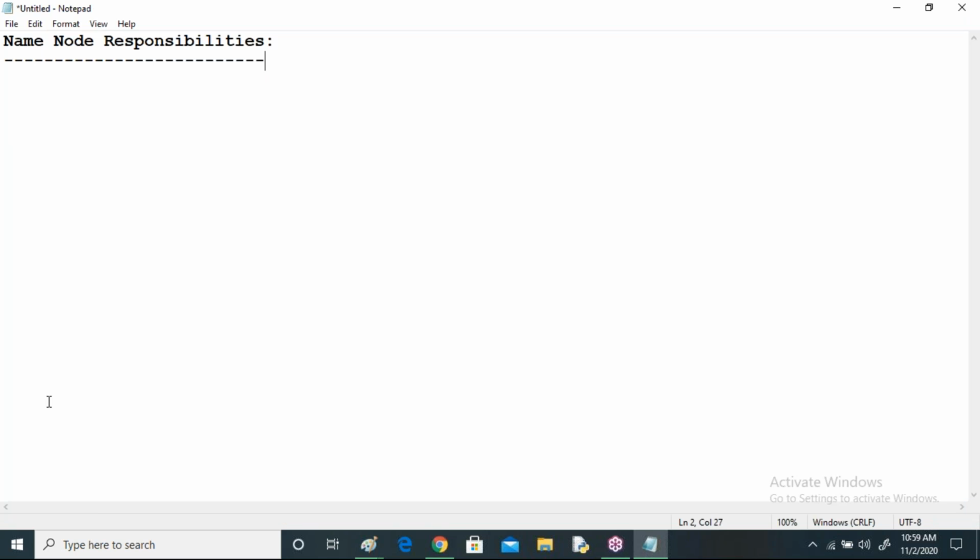So here, first, name node responsibilities: to store the physical memory locations of the blocks of a file.